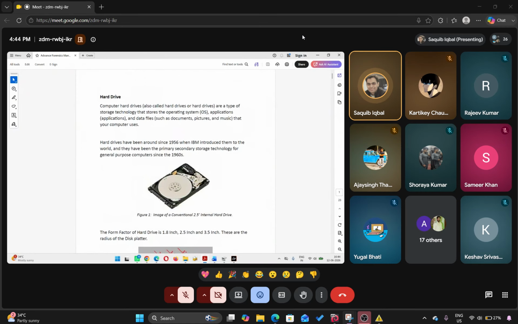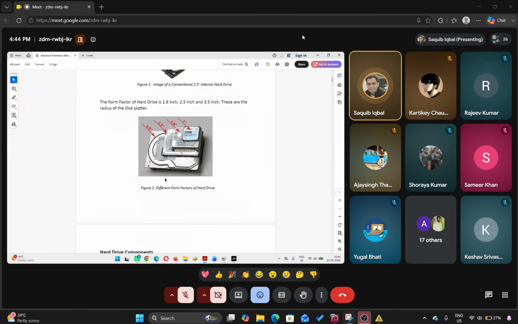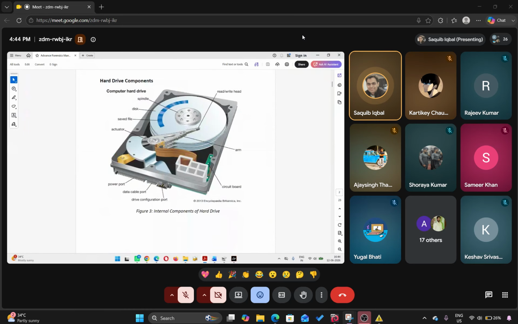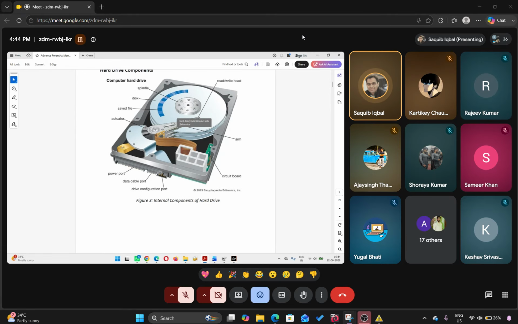There are different types of hard drives available in the market. Here you can see in this picture, the circular disk you see is actually called a disk platter, and it contains data. Okay, it contains your data, but in what form? I will tell you in some time.